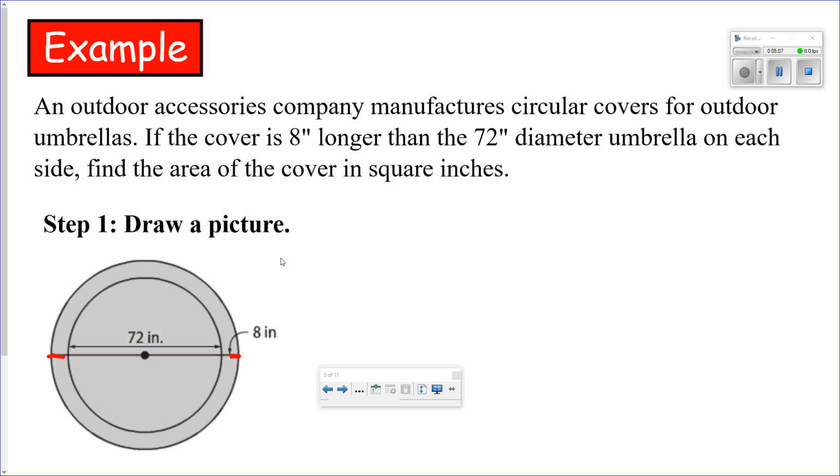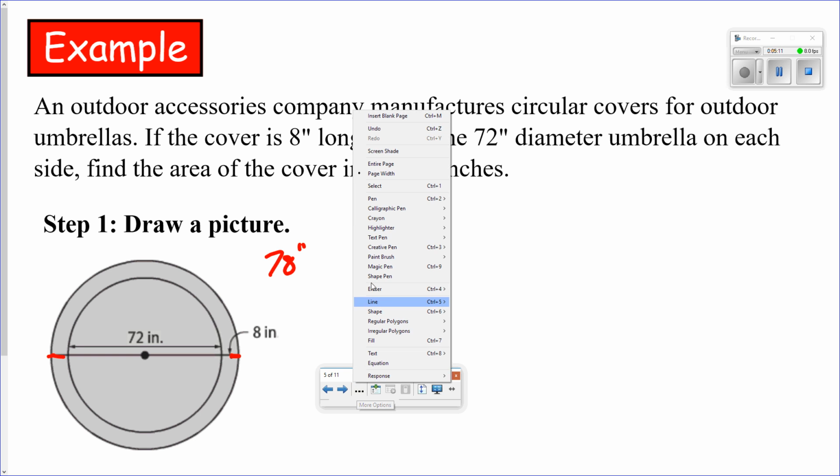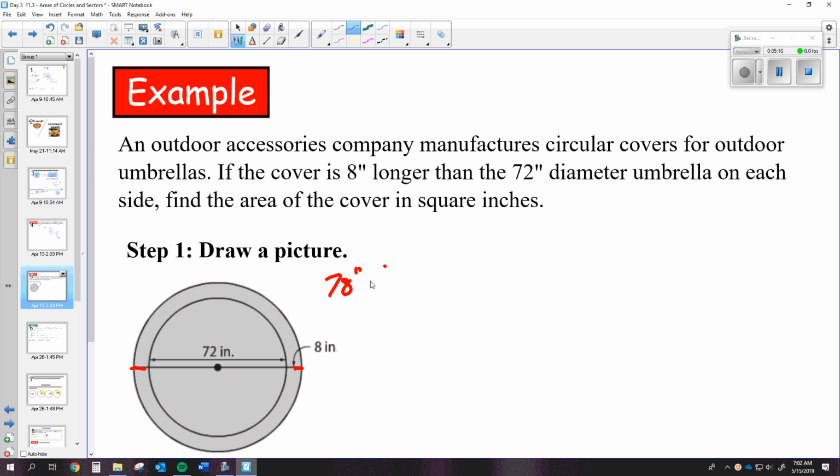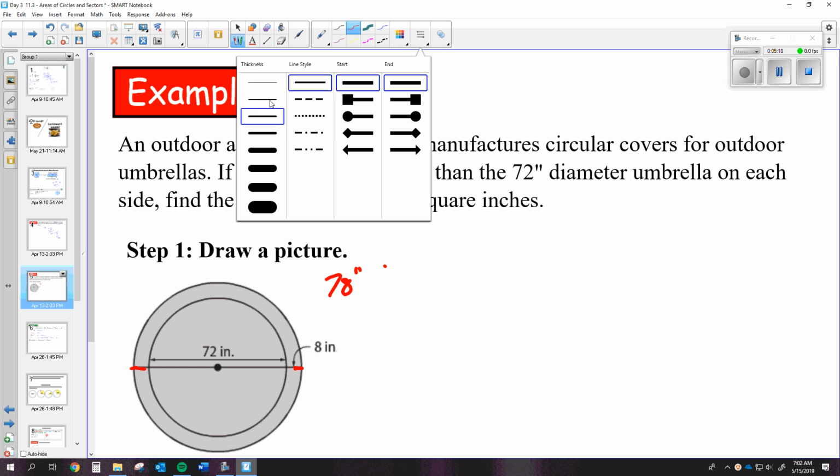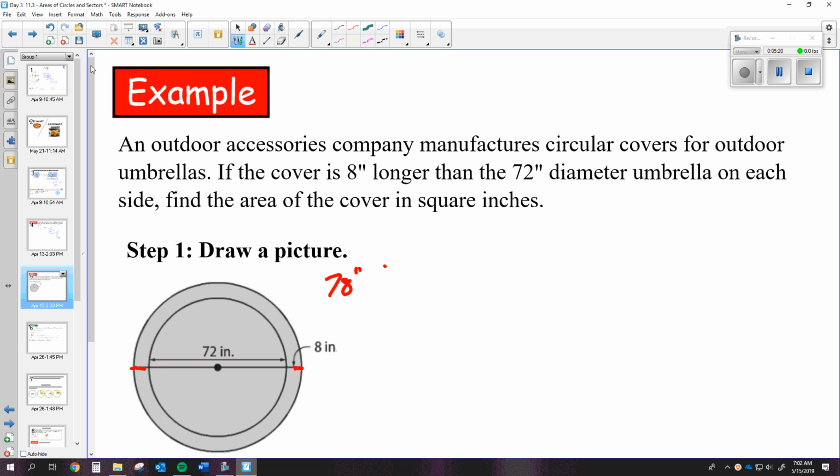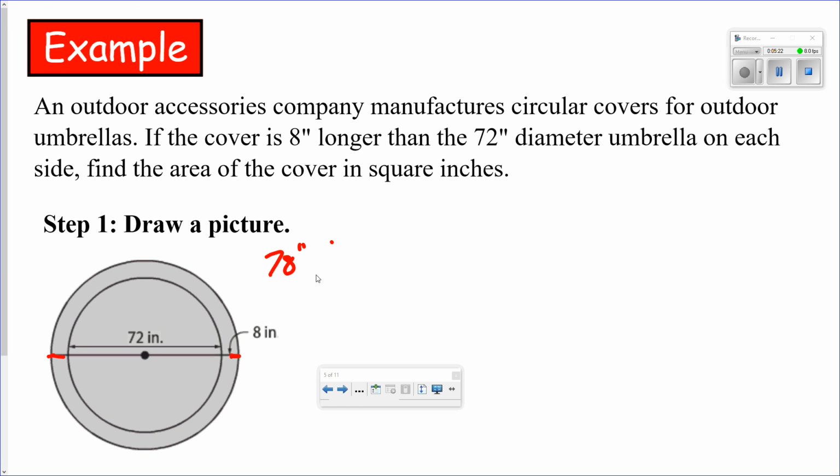So our total diameter here is 78 inches. Divide that by 2, and our radius is going to be 39 inches.